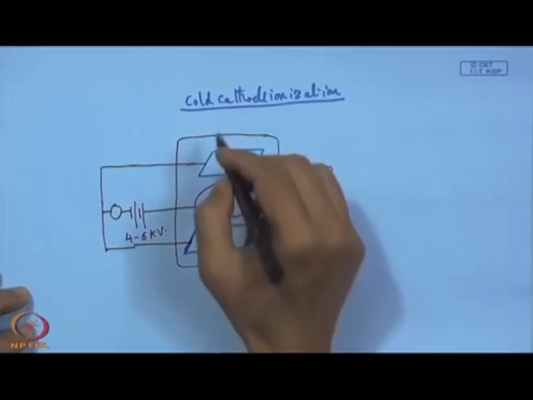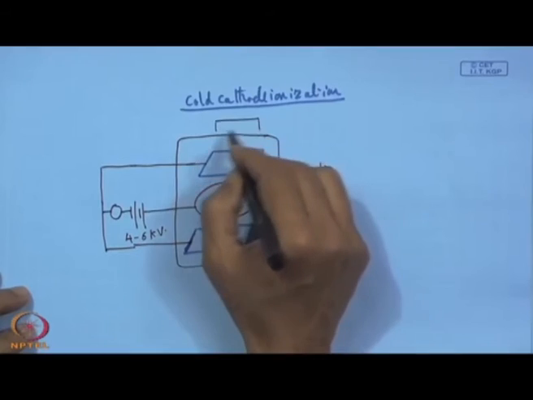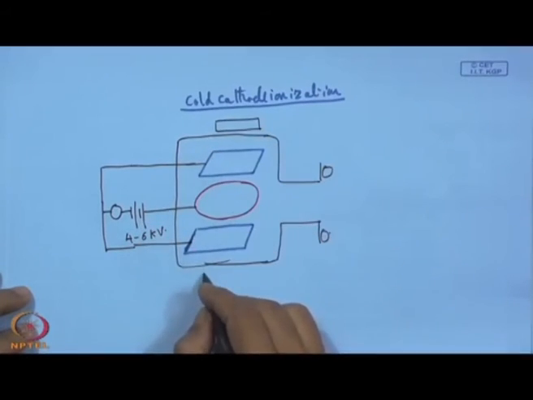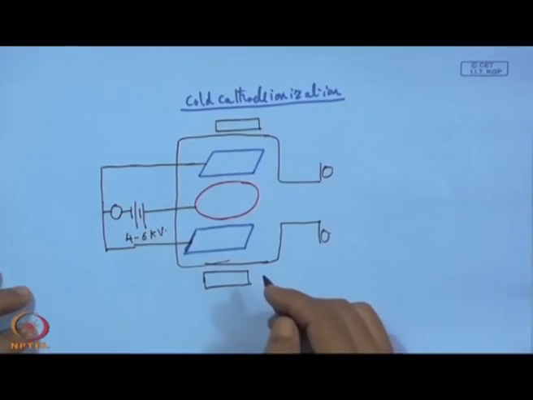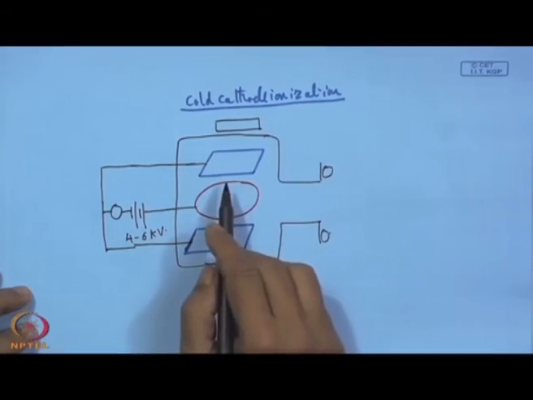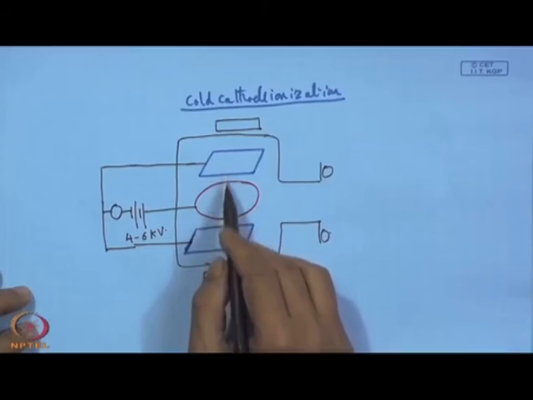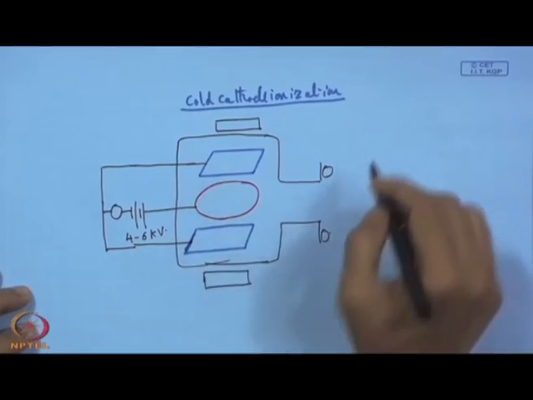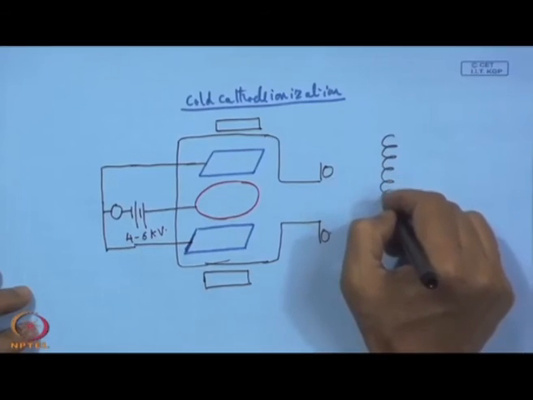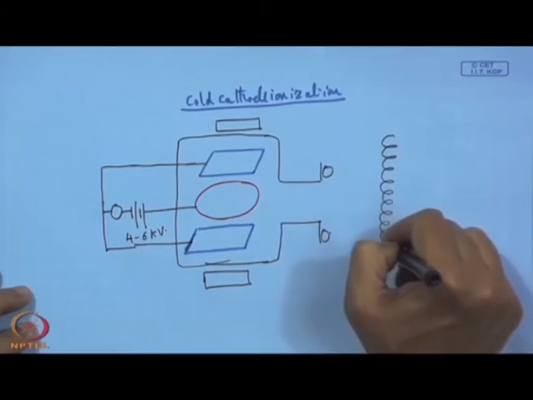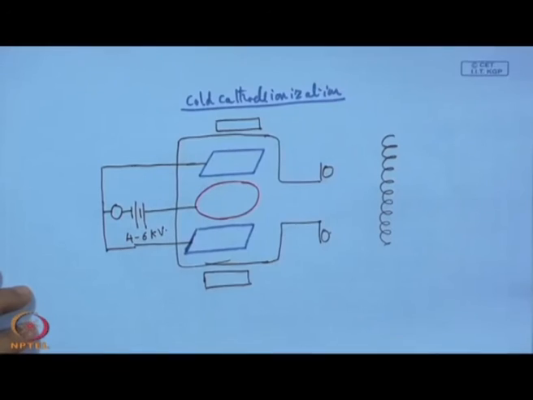And to augment this process, what we have here are the magnets. Two magnets are placed, and there we have the lines of force, and we have both electric field and the magnetic field, and as a result, the trajectory of the electron will be a helical path, and with this helix it will have an oscillation movement.